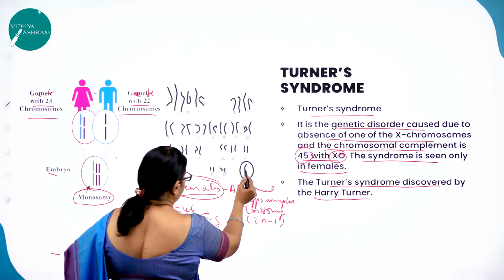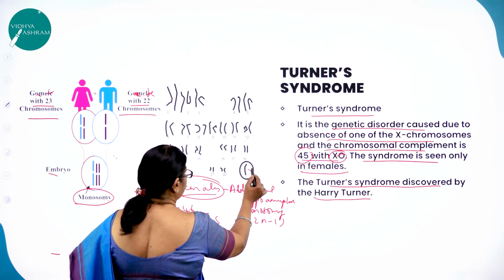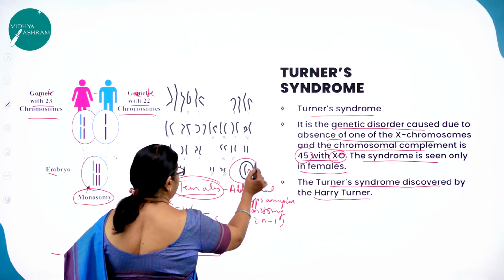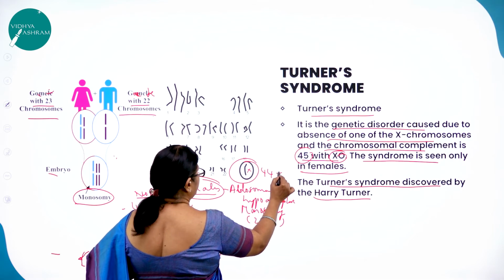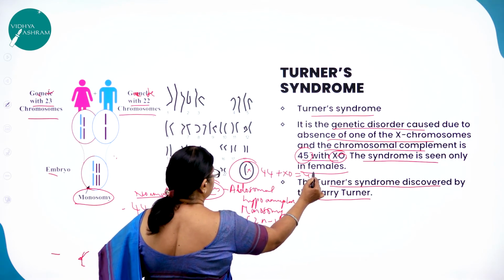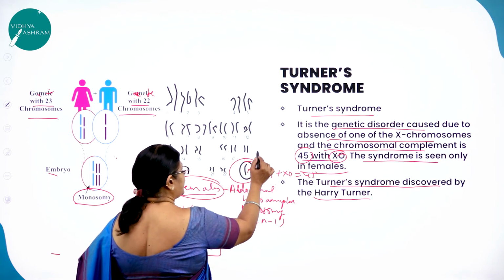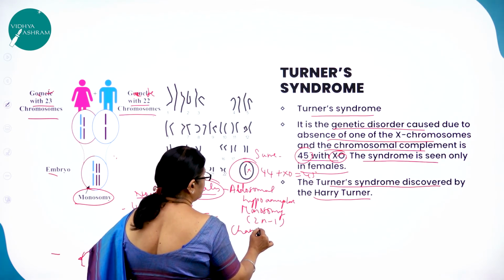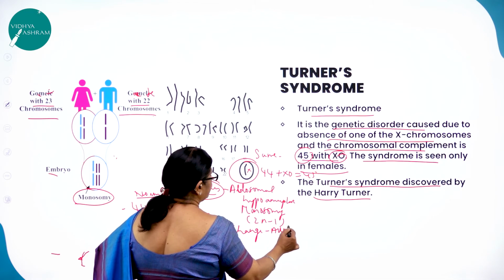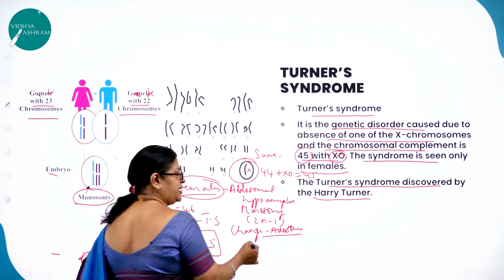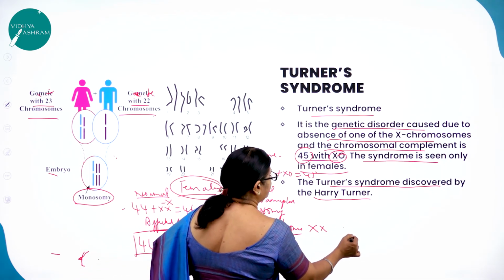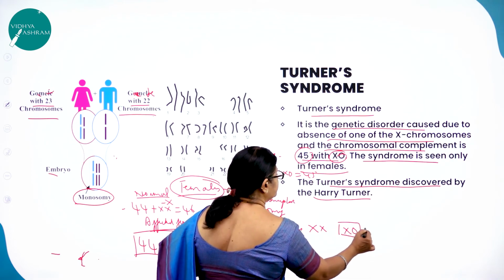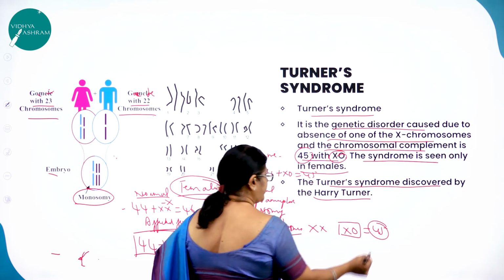You can see minus, so 1 is missing. So what will it be? 44 is common plus X0, that is equal to 45. Autosomes are the same. Change occurs in what? Allosomes. Instead of XX, it will be X0. So 1 X is missing, that will be 45.